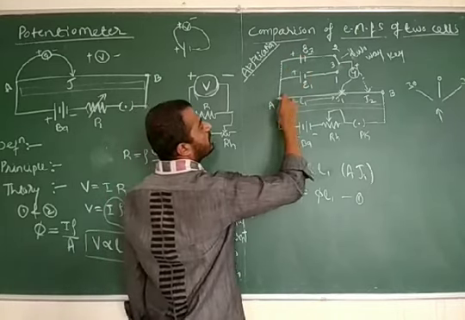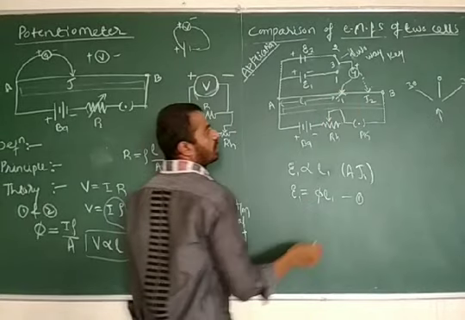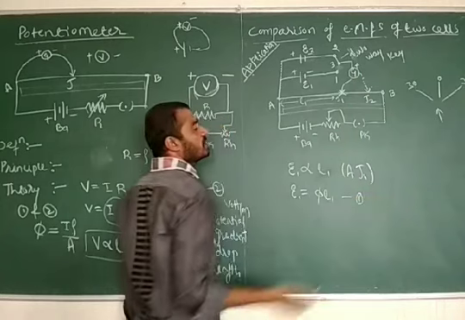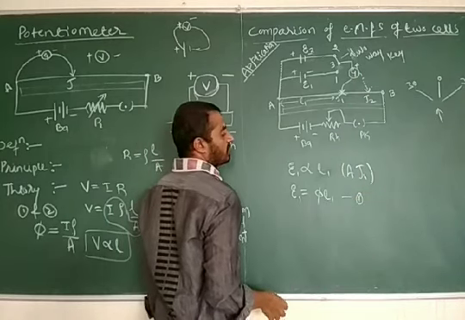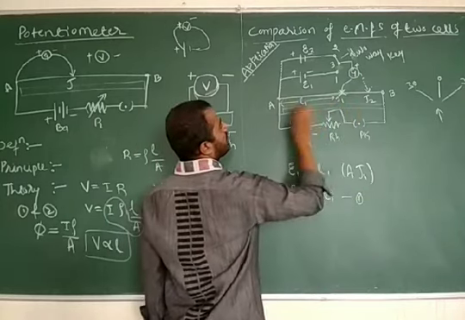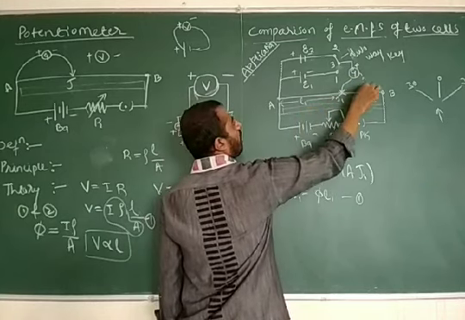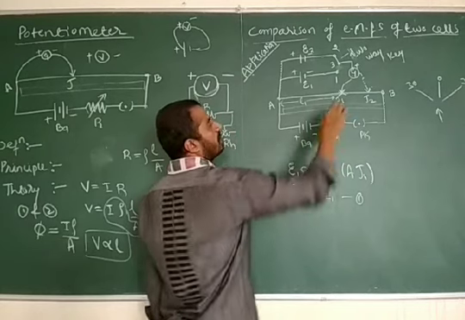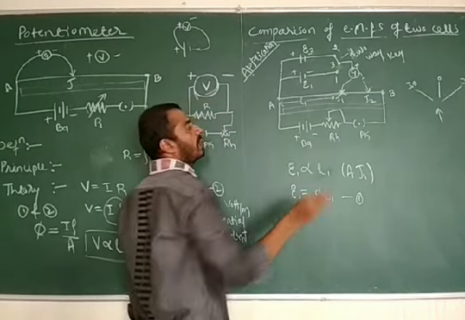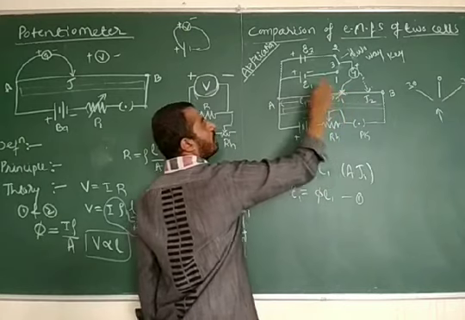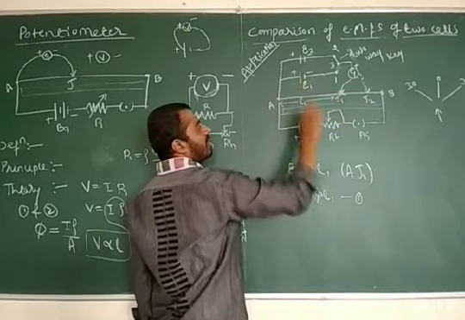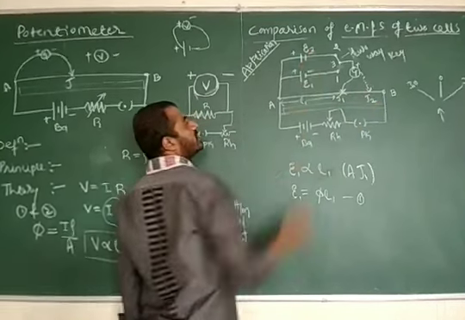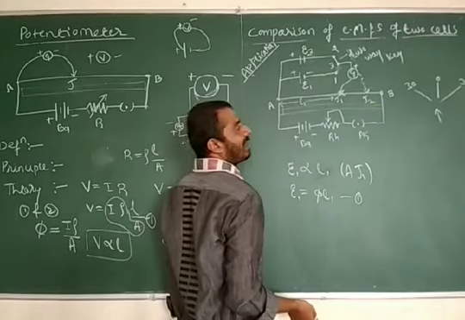Again, when you slide the jockey over the wire of the potentiometer, at one particular point the galvanometer shows zero or null deflection, and that balancing length I have shown here with the dotted line. A potentiometer will not have two jockeys, but here I am showing two cases: one solid line when the cell of EMF E1 is active, and another dotted line, one more balancing line, when the second cell of EMF E2 is made active.